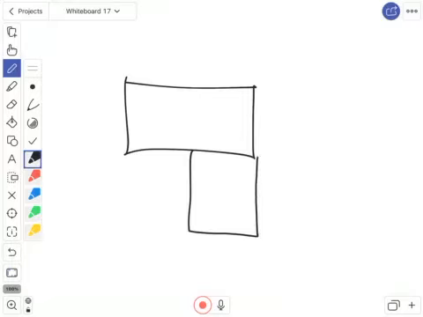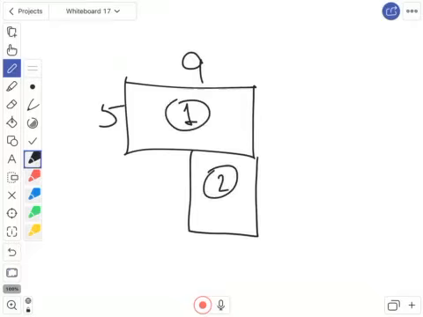And I would use a visual like this to help. Say one part had a length of 9 and a width of 5, and that's part 1. And for part 2, let's say this was 6 and this part was 3. Then I would use those numbers and that drawing to help me keep track of everything.